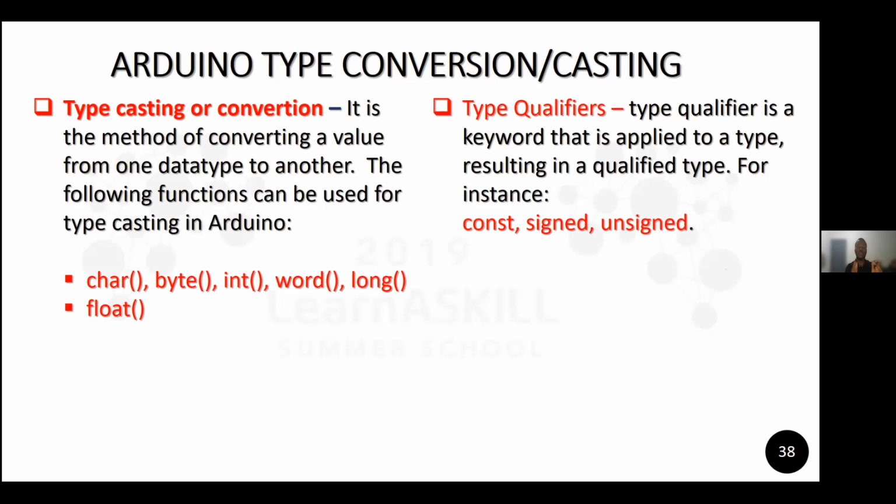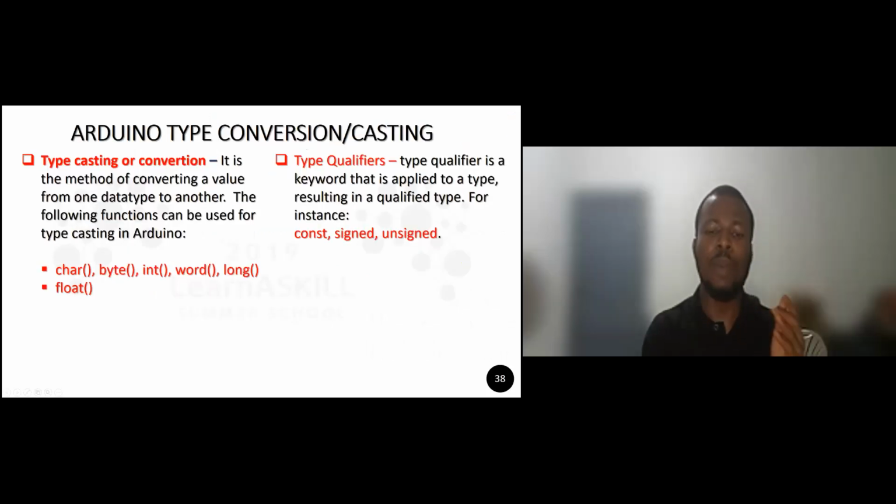So you would want to ensure that ages stay positive, and in the scenario where somebody tries to key in a negative number, you want the computer to realize it and throw an error. So in that case, you want to use unsigned, right? But by default, all the numbers are signed until you say unsigned.